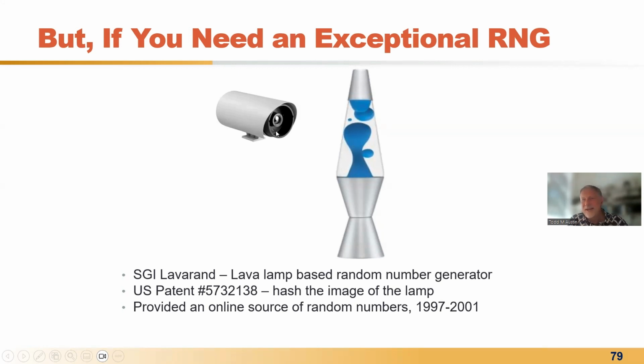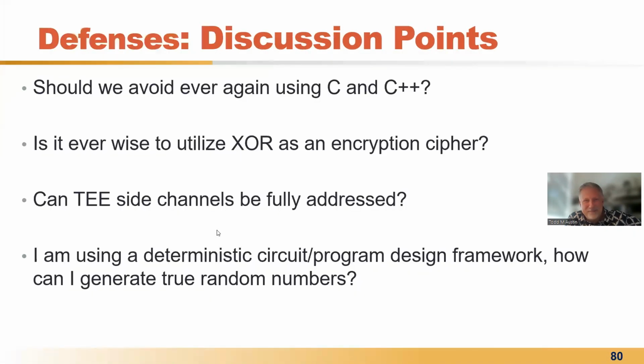The way you digitize that information, you just take an image of the lava lamp and then you hash the image, and then that is a true random number. Really interesting. I think it's Rackspace, but in the entry of one of their offices, they have an entire wall of these lava lamps, and then there's a camera that takes a picture of the wall, and that generates random numbers. Such a clever idea. There's a patent that described this as well.